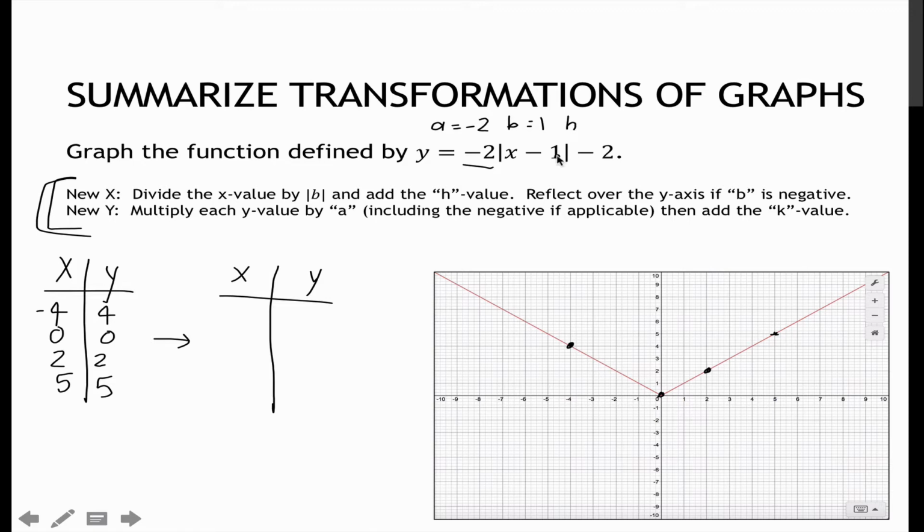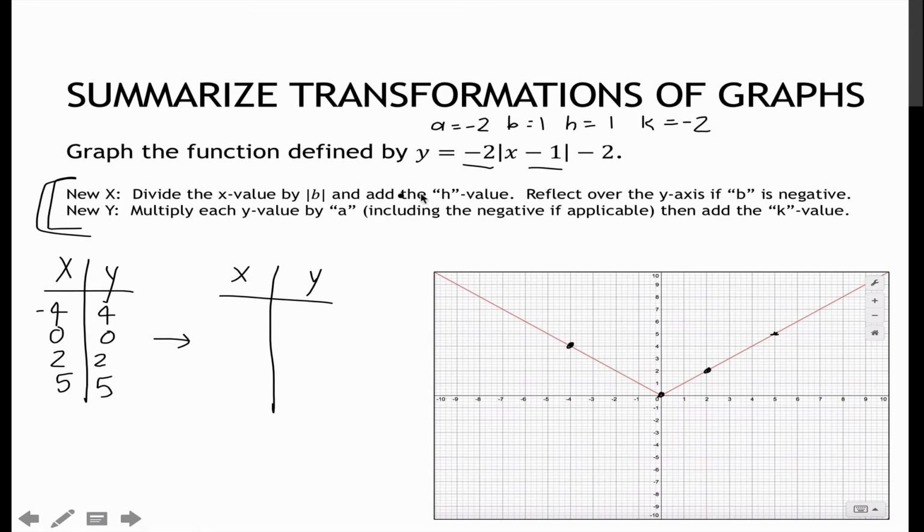H is the value in here, and remember it's always the opposite of the value in here. So instead of -1, h is +1. And then k is always the same as the value, so k is -2. So these are the values that I'm going to use. I'm going to start with -4. I'm going to divide by b, so -4 divided by 1 is -4.